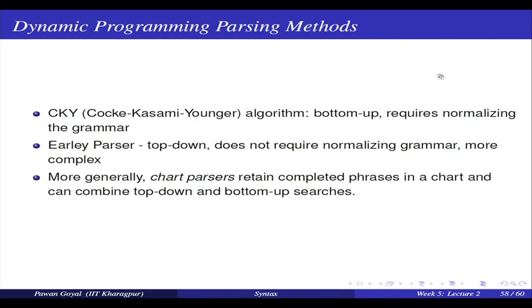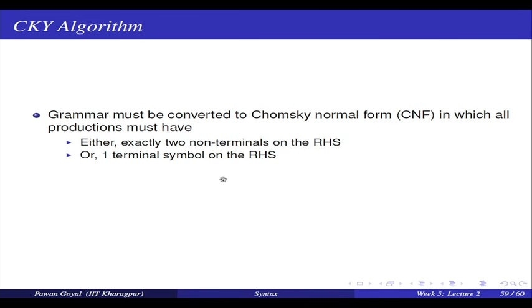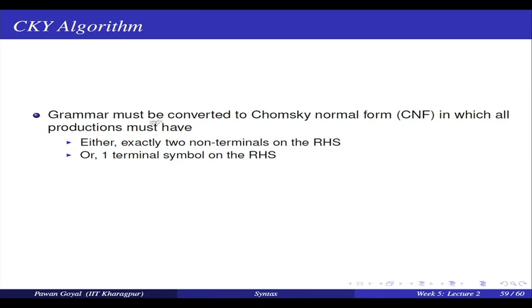Now before that, we have seen that this requires normalization of grammar. To apply the CKY algorithm, my grammar must be converted to a normal form called Chomsky normal form. And what is the constraint in Chomsky normal form? The constraint is that all the productions of my grammar should have one of these 2 forms: either exactly 2 non-terminals on the right hand side or 1 terminal symbol on the right hand side.